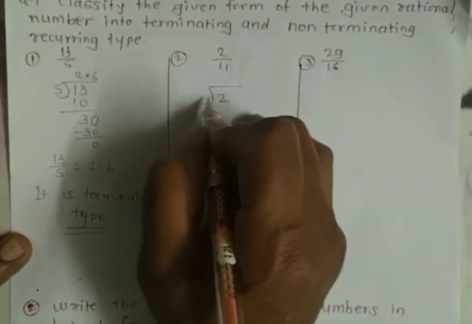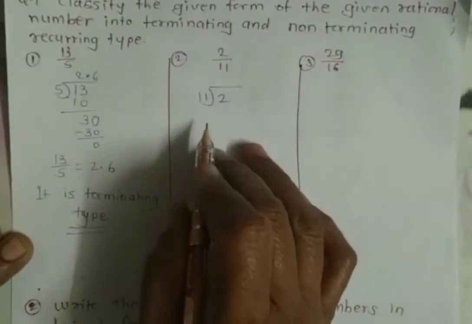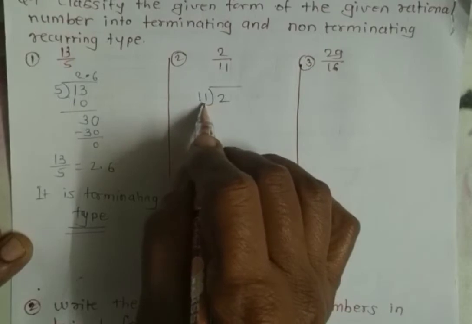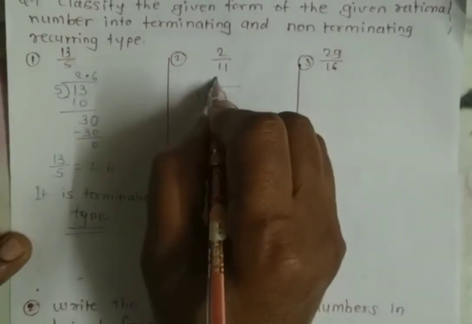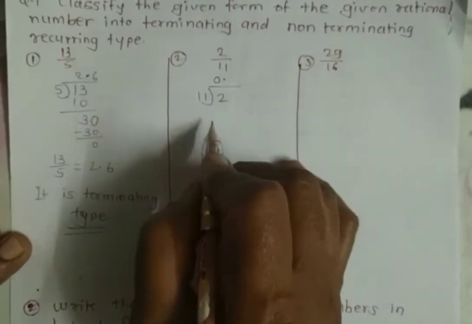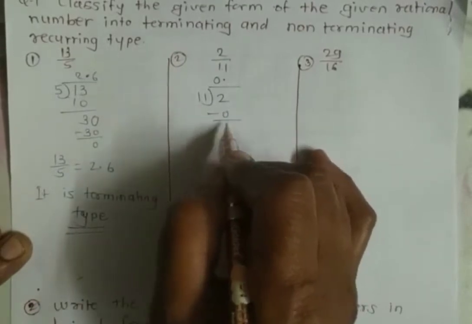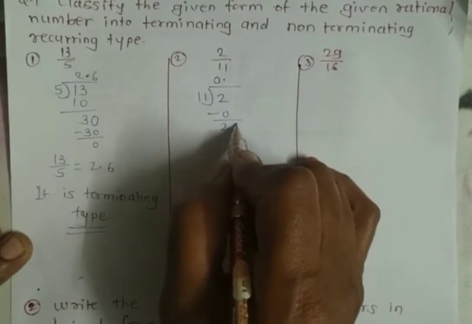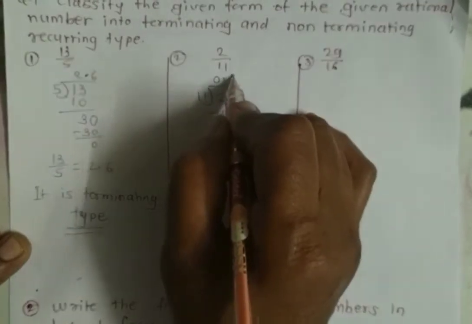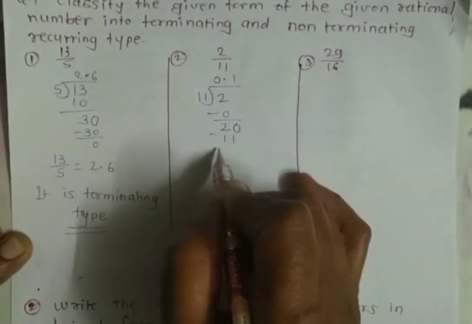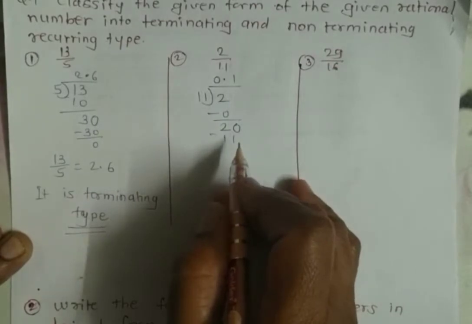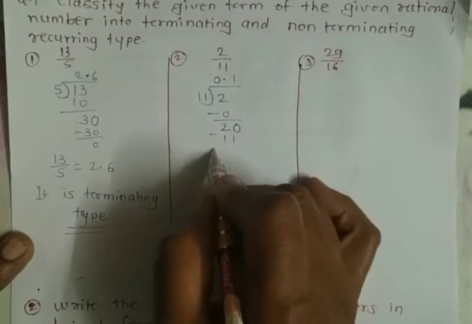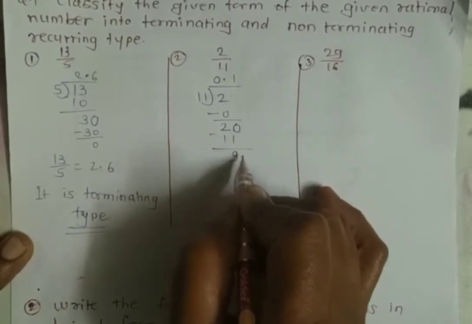Numerator is 2, that's why 2 divided by 11. This number 2 is less than 11, that's why we have to take the quotient part as 0. 2 minus 0 is 2. Here we take a decimal point, and again a 0. 11 ones are 11, so 20 minus 11 means 9.